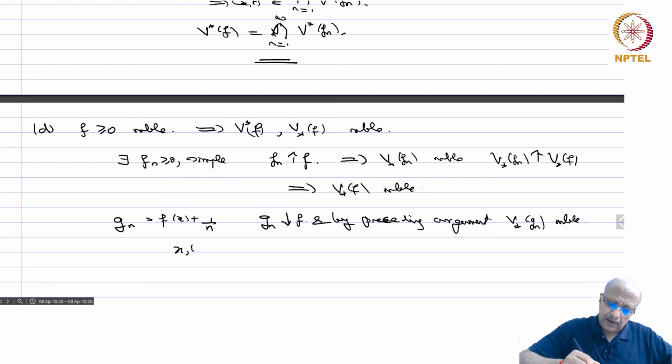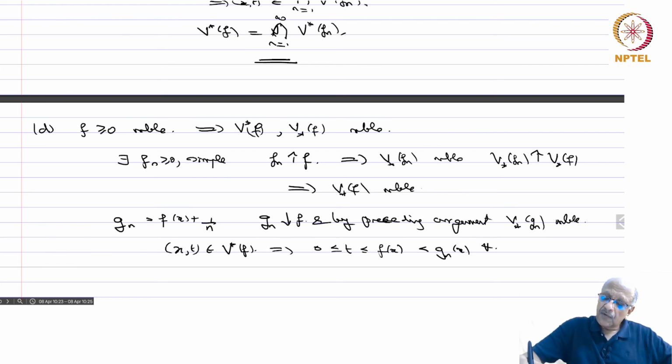So let (x, t) belong to V superstar of f. This implies 0 less than or equal to t less than or equal to f of x, which is strictly less than g_n of x for all n. So this implies (x, t) belongs to the intersection n equals 1 to infinity of V sub star g_n.